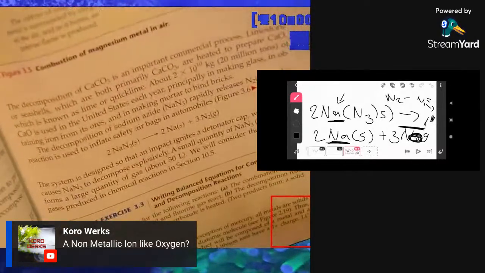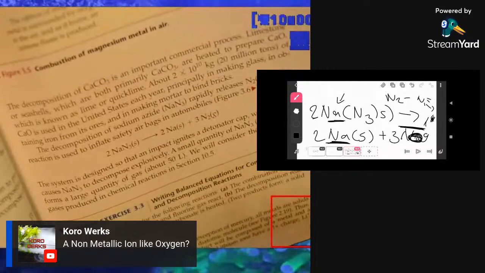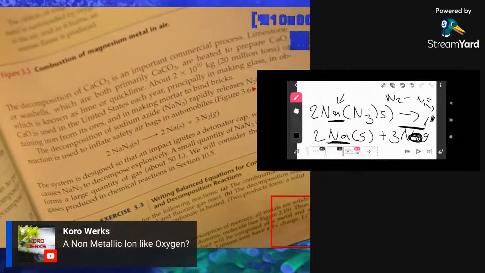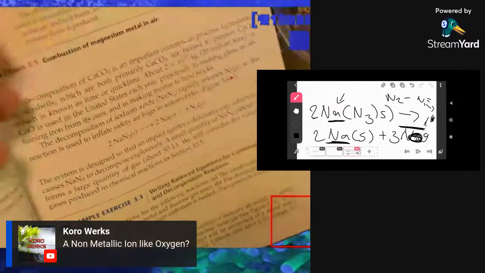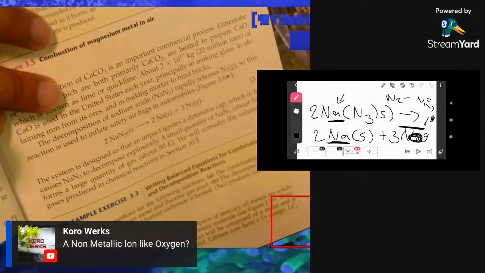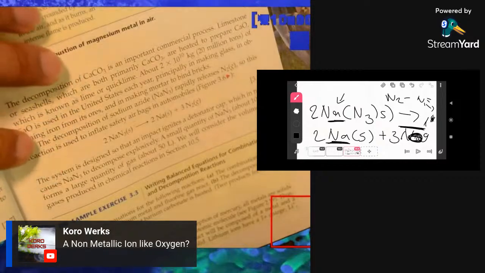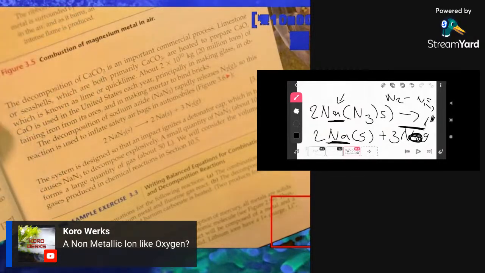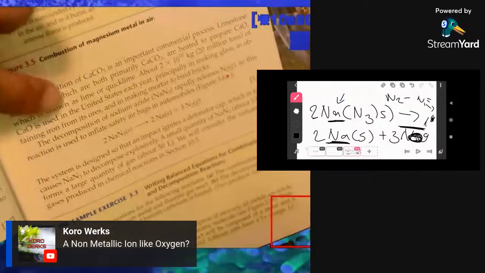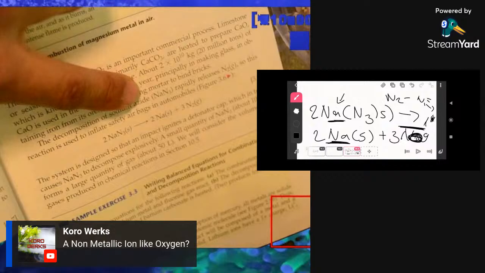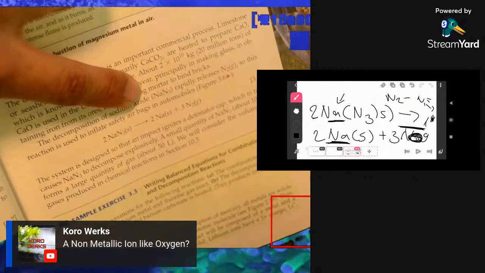All right. The system is designed so that the impact ignites the detonator cap, which causes sodium azide to decompose explosively.